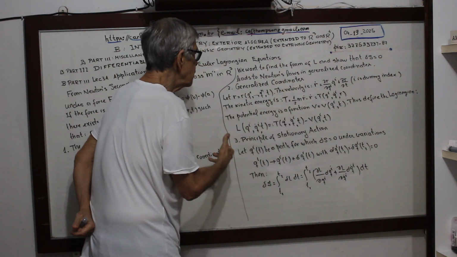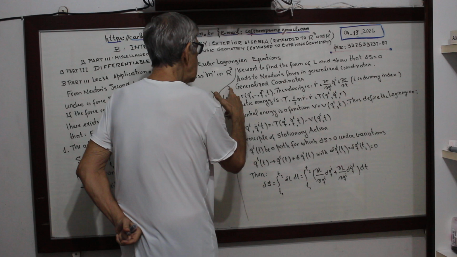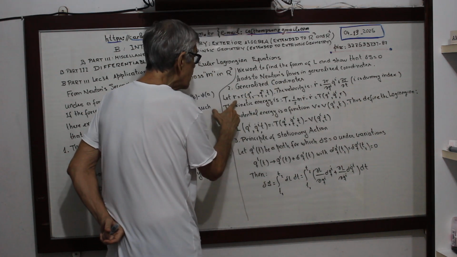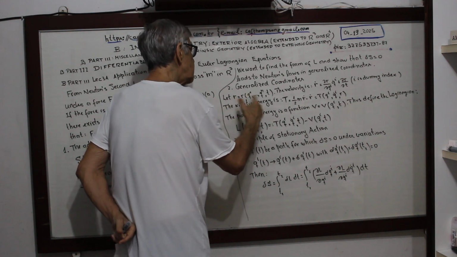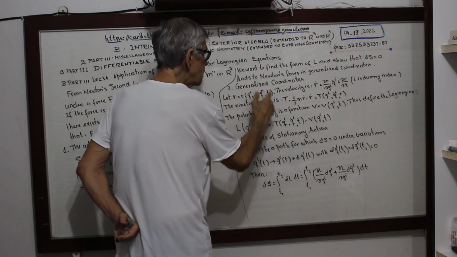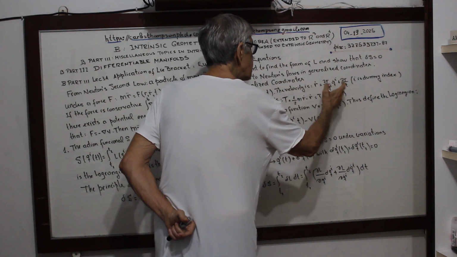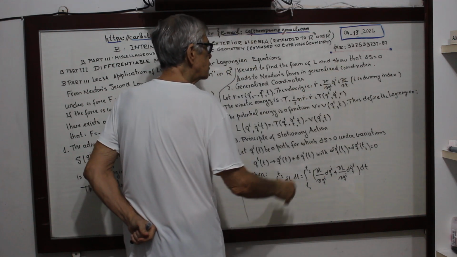That's the objective here. So, the position vector is a function of these generalized coordinates and t. And the velocity, r dot, is quite easy to derive, you see.